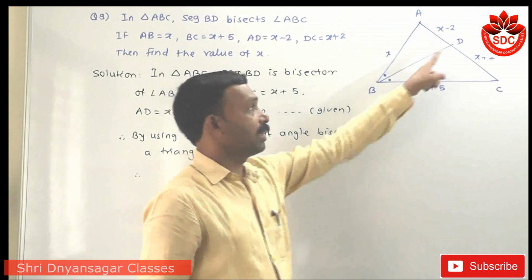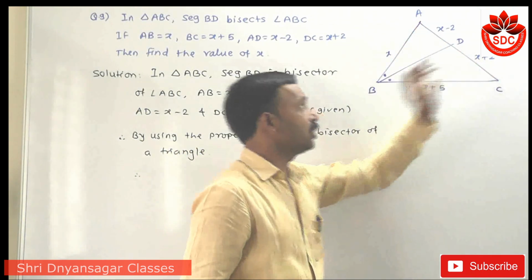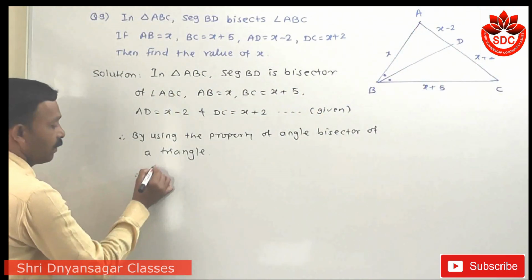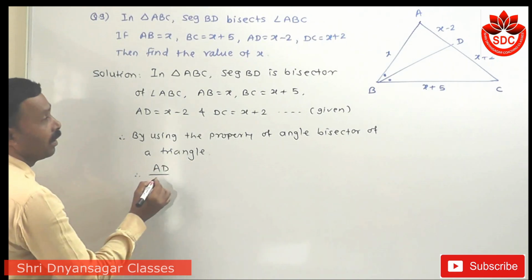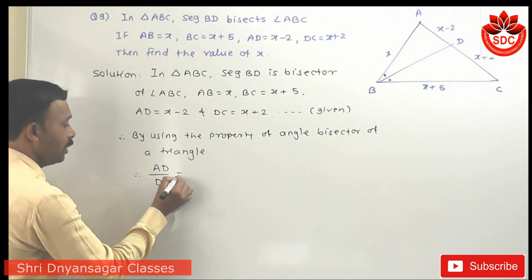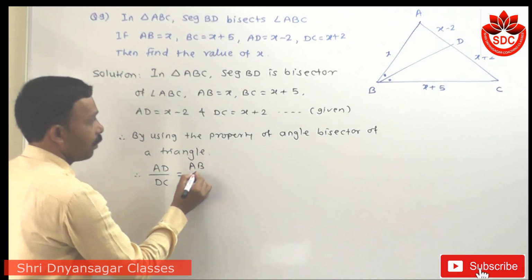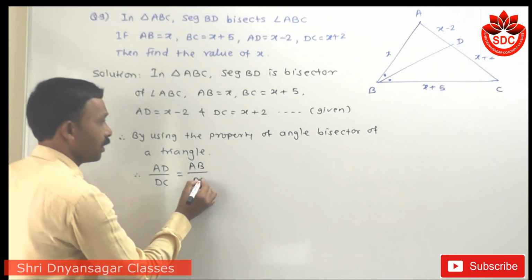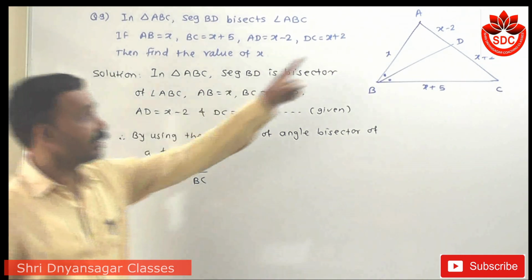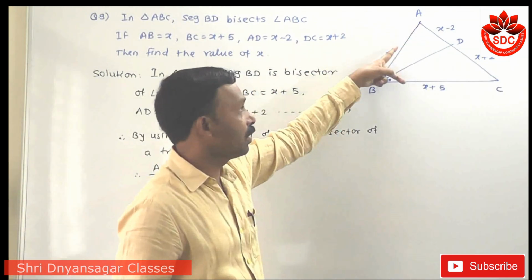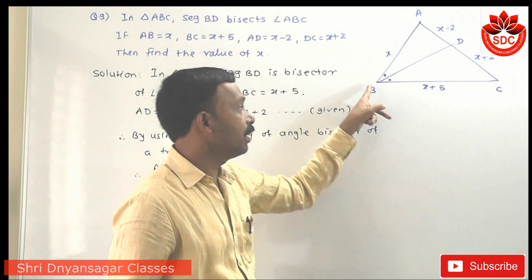This is the angle bisector. So that take this ratio first. Therefore AD upon DC is equals to AB upon BC. We start from the vertex A, so take second ratio also from A, B to BC.